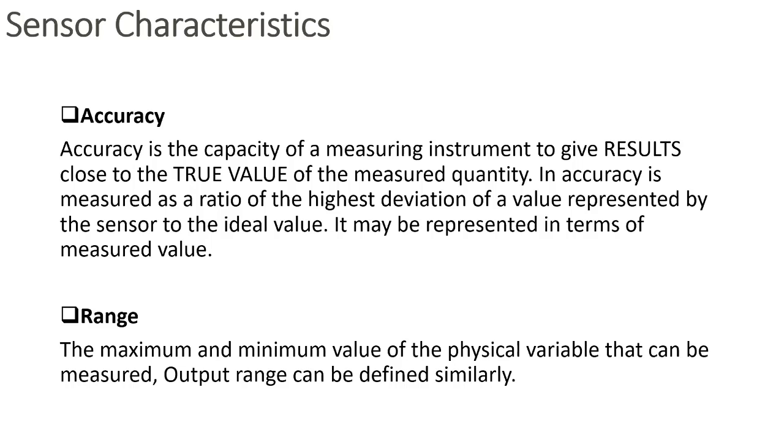You should know that. Otherwise, if the sensor cannot measure 100 Celsius and you put it in the machine and use it, the sensor will burn or get damaged. So you have to make sure what range of measurement you want and also what range is available in the sensor. So, accuracy, range.